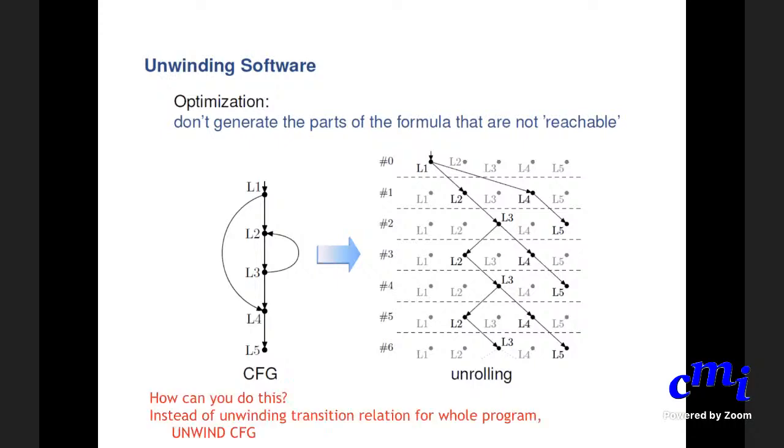But the disadvantage of enumerating all the paths is that there are an exponential number of paths.